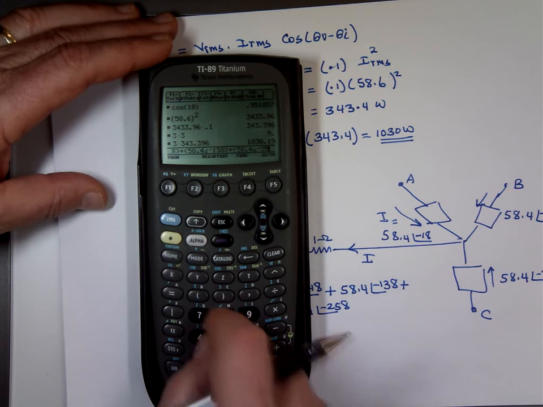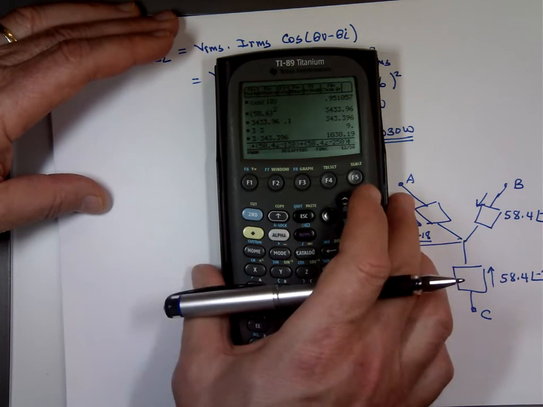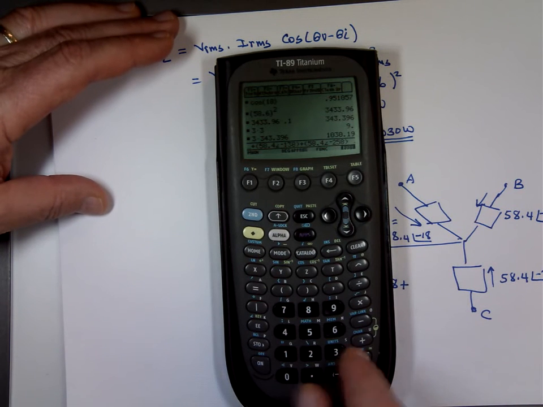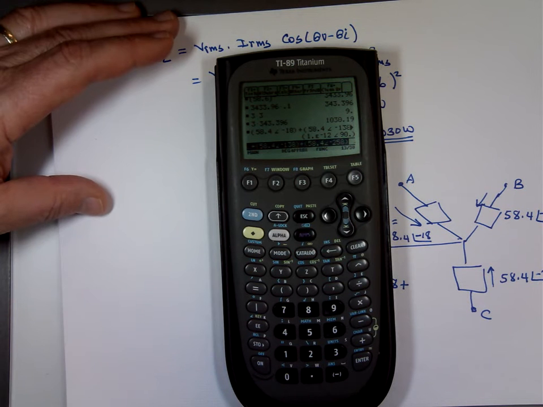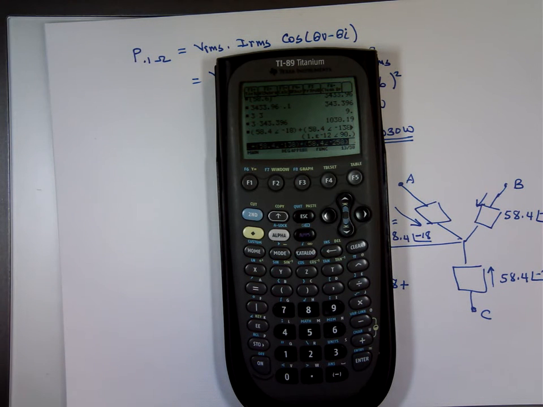Ready to see what the answer is? What do you got for an answer? 0. 0.000000000000001 angle 90 degrees. That's a 0. So I is 0.